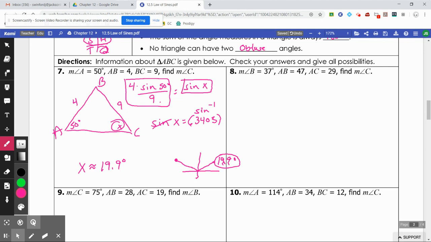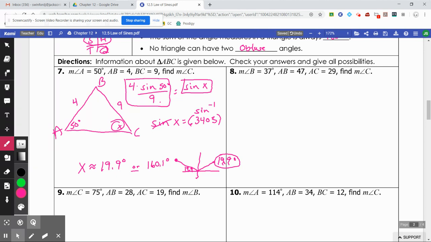You might have a second quadrant answer which has the exact same 19.9 degree reference angle. The way you find that second quadrant possible answer is you take this reference angle from 180, and x could possibly be 160.1. So there's two possible answers here.